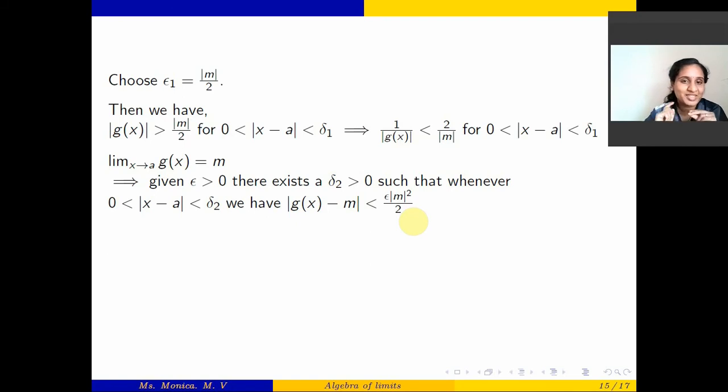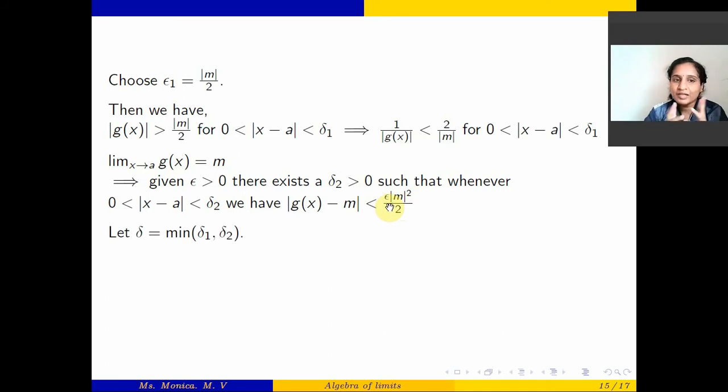But the condition is, I am given epsilon, and I am finding a delta 2 exactly so that this condition is satisfied. Say you want to write epsilon into mod m square, without the division by 2. Then you might get another delta. I am choosing delta in such a way that modulus of g of x minus m will be less than epsilon into mod m square divided by 2. I would have got a delta which satisfies other conditions also.